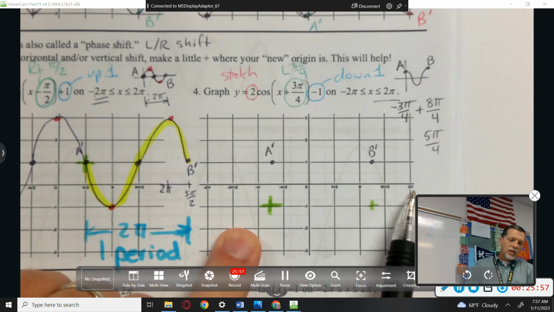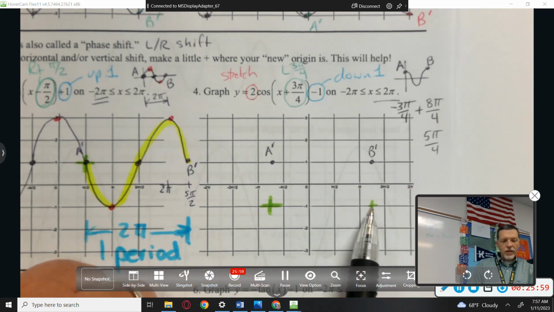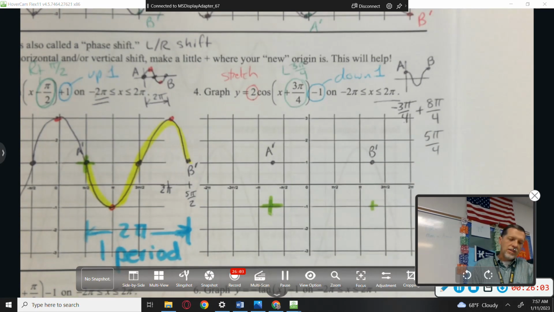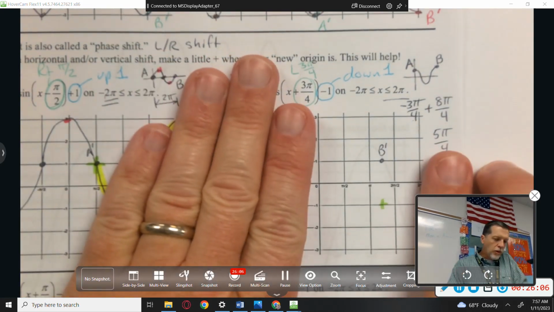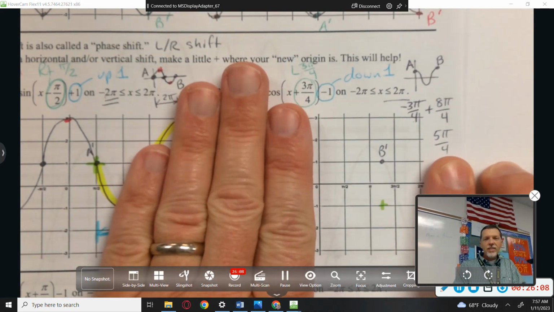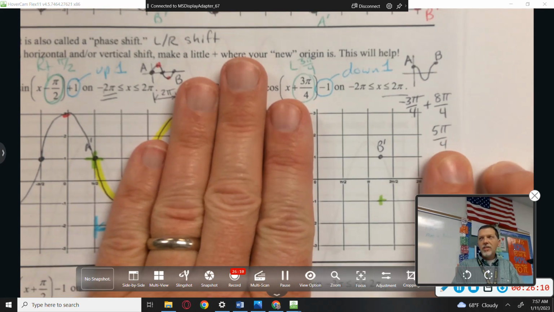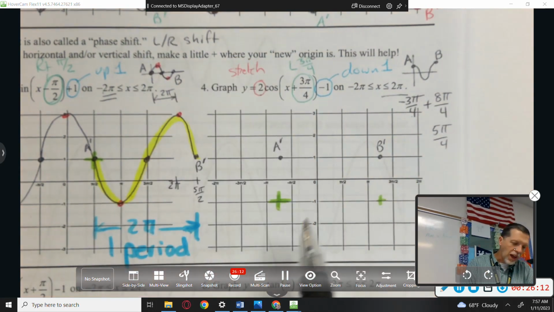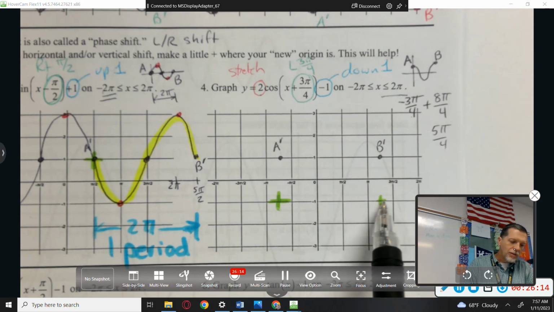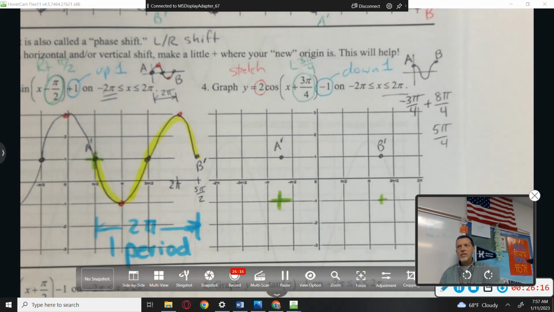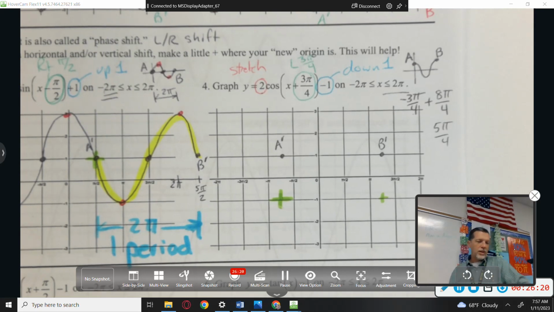So from my usual ending spot, I could go left 3 pi over 4. I don't know if that's helpful or not. 0 to 2 pi is 4 grid spaces. Here's another way to do it. I need to go 4 grid spaces away. 1, 2, 3, 4. So there's at least 3 different ways to figure out where your ending point is.